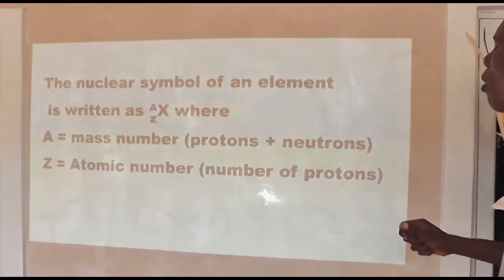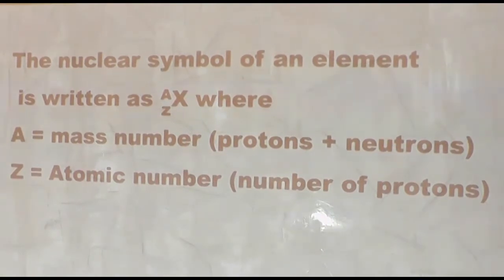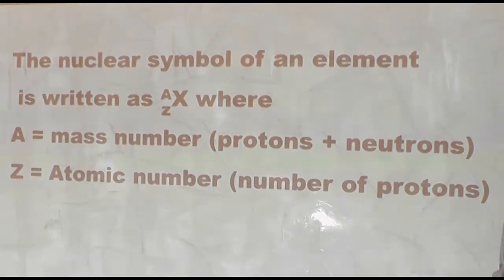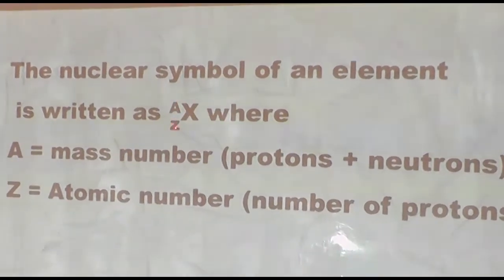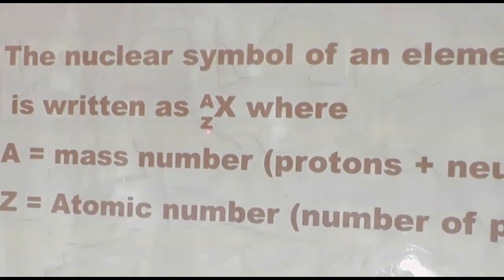The nuclear symbol of an element is written as capital letter X, and behind it we have a superscript capital letter A and a subscript Z. Of course, A represents the mass number of that element, while Z represents the atomic number of that element.